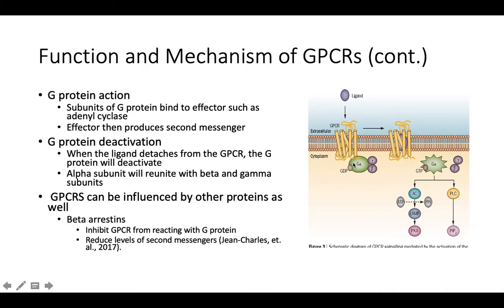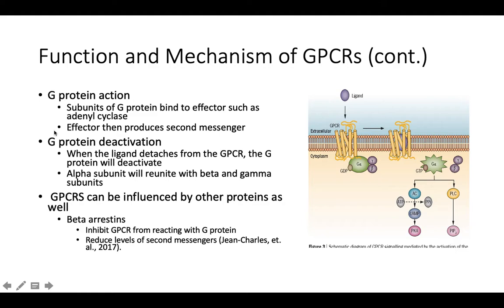It has the GDP, kicks that off. It dissociates whenever the GTP binds to it. And then the alpha unit is going to float down to this adenyl cyclase right here. And that adenyl cyclase is going to be the next step in the chain reaction that is going to allow for the message to be sent to the other part of the cell.